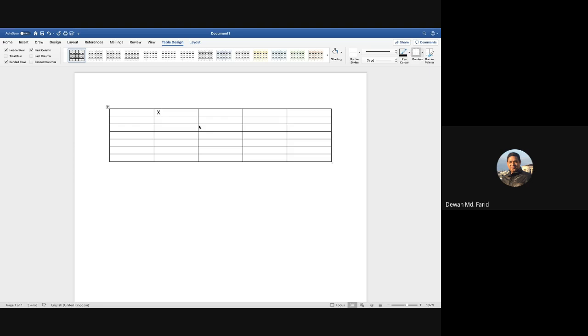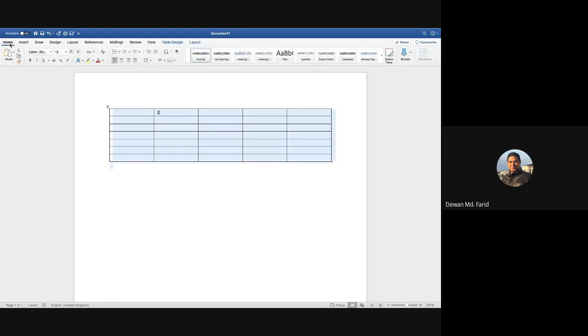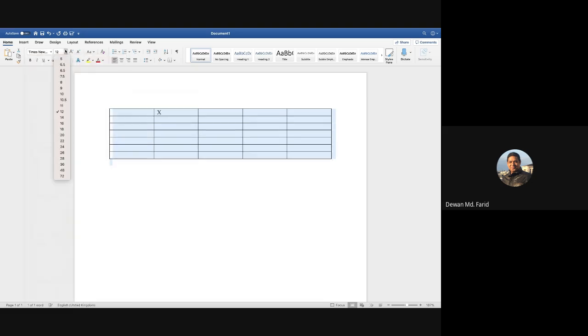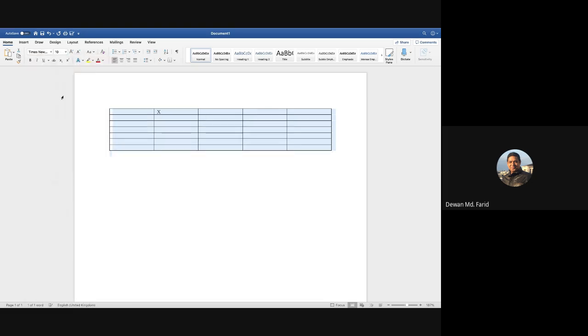Capital X1, capital X2, capital X3. So these capital X are columns, right? Is it clear?